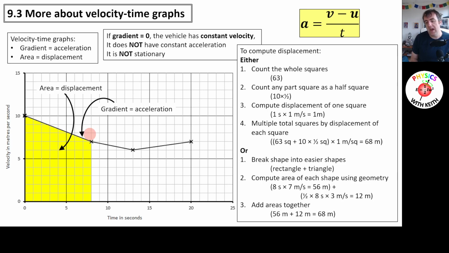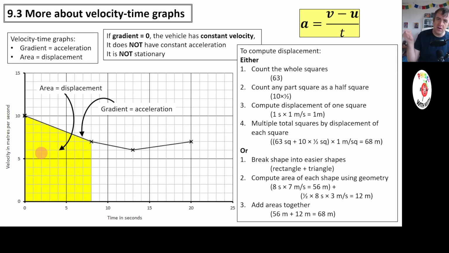And I could do that by using the area between the line, the data line, and the x-axis. And you do need to memorize this. On a velocity time graph, gradient is acceleration, area is displacement. On a speed time graph, gradient is the magnitude of acceleration, and area is the distance.